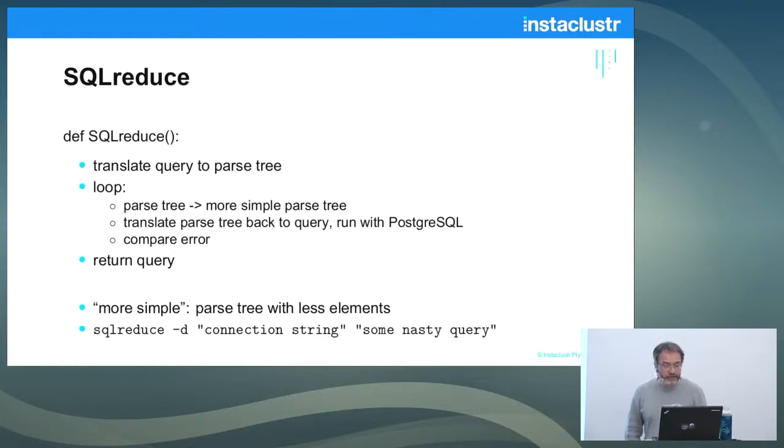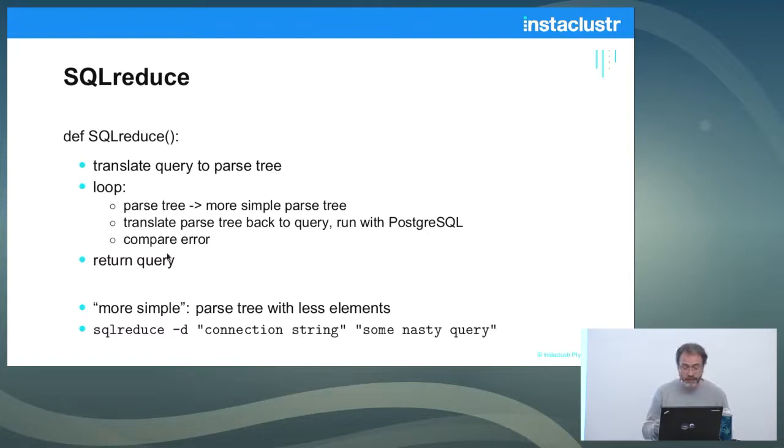So what SQLreduce basically does is it takes the input query and translates it to a parse tree. Then it enters a loop. It replaces the parse tree by a simpler parse tree, translates that parse tree back to a query, runs that query with a Postgres server, and compares the error message it got with the original.